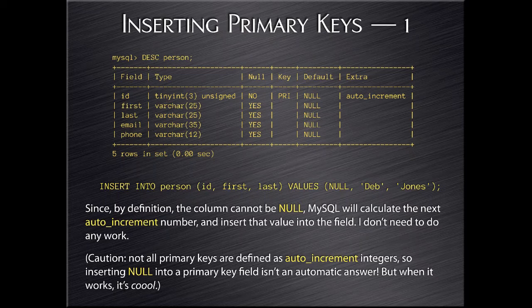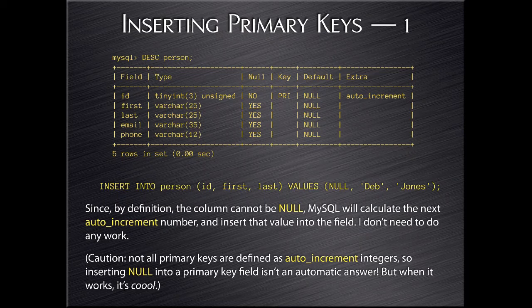I'm just telling MySQL, go get the next one and put it in there. Now, here's a little caution. This really only works with integers. The auto increments are a little bit tricky, so this works really well with integers and less well with other kinds of values. But that's okay.